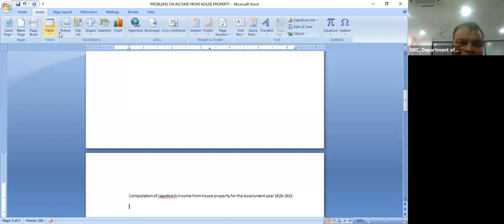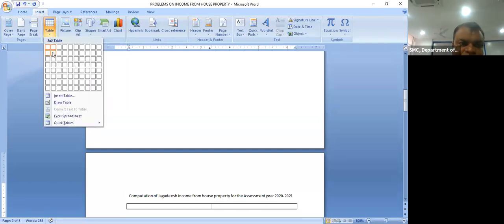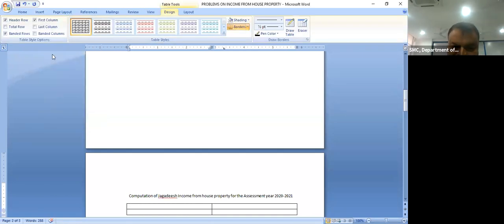I already said, those who have a textbook or notes in front of you, you can draw these two columns. Okay, and this is a heading. What are we going to write here? Particulars in the first column, and the second column is for amount. Okay, amount in rupees.